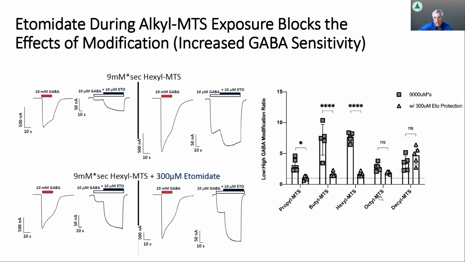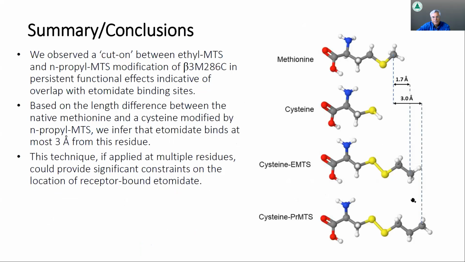And over on the right is the summary for those reagents that cause significant changes in GABA sensitivity, and basically what we found is that addition of etomidate during exposure to these Alkyl-MTS reagents caused significant reductions in the effects for Propyl, butyl, and hexyl, but not for the other reagents.